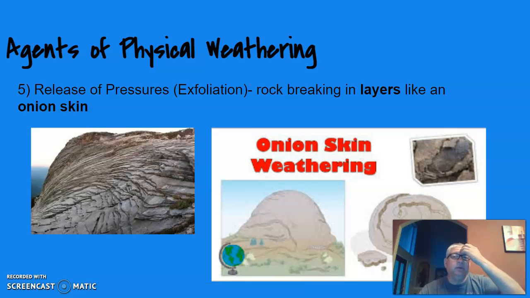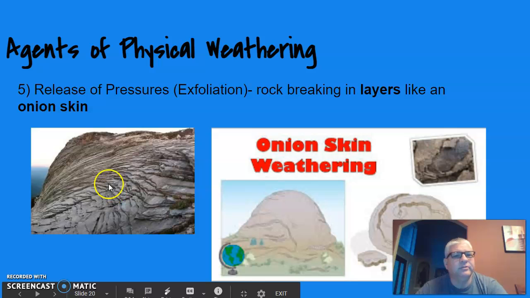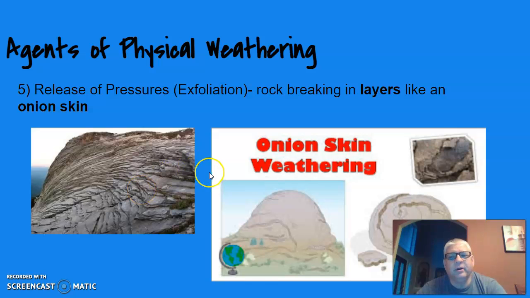Also, exfoliation is where the layers, some rocks, because of a releasing of pressure, this is a good example. They peel apart like an onion would. And all it is, is the release of pressure.